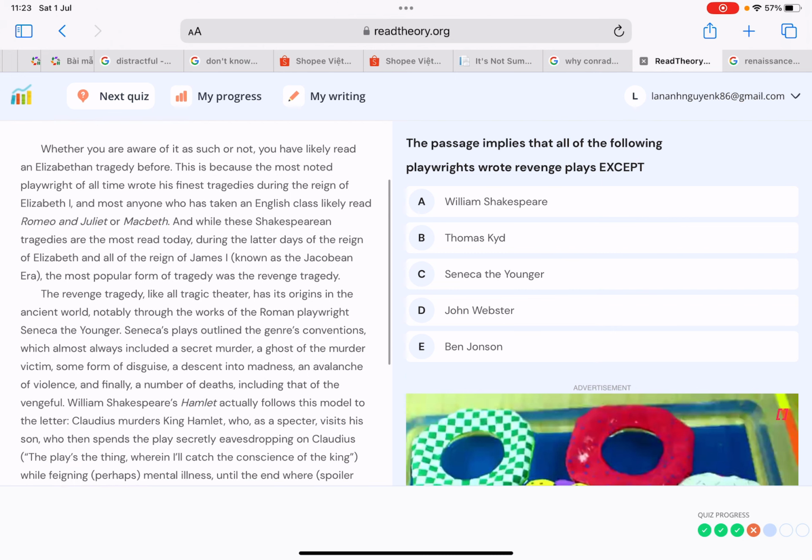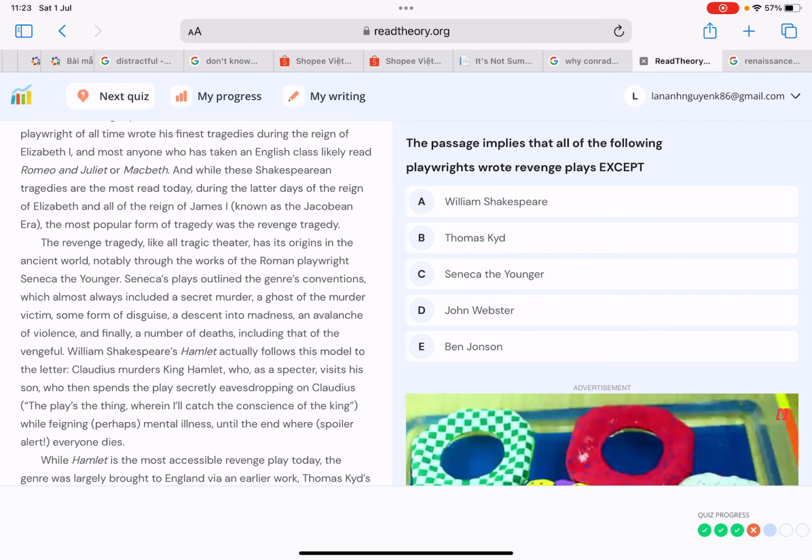Okay, we have here: revenge tragedy, like old tragic theater, has its origins in the ancient world, notably through the works of the Roman playwright Seneca the Younger. Yeah, so Seneca the Younger also plays a part in this, so he was also eliminated.